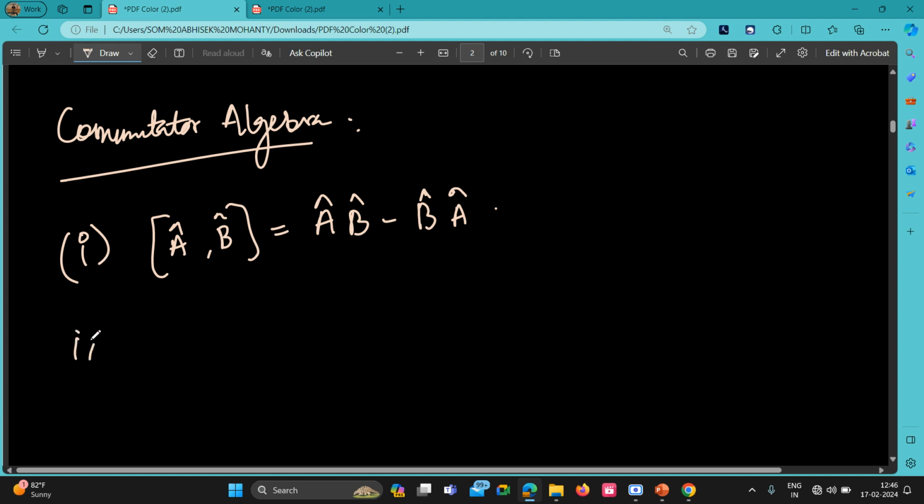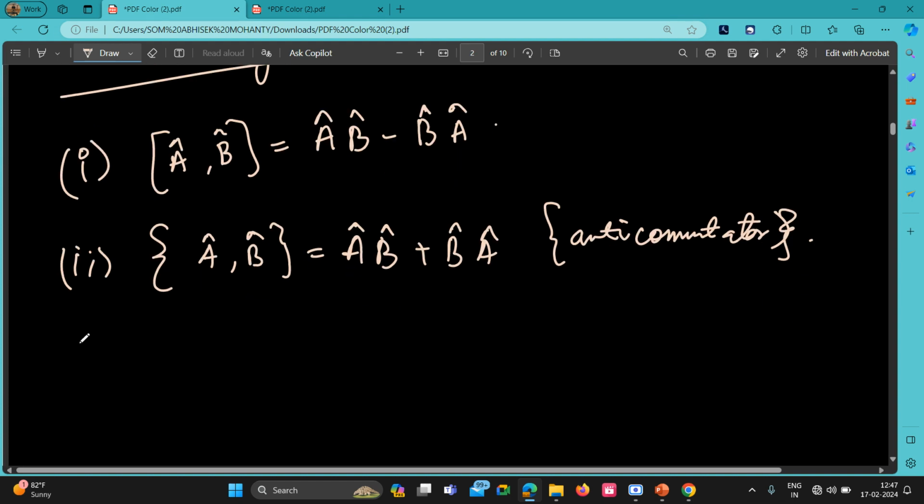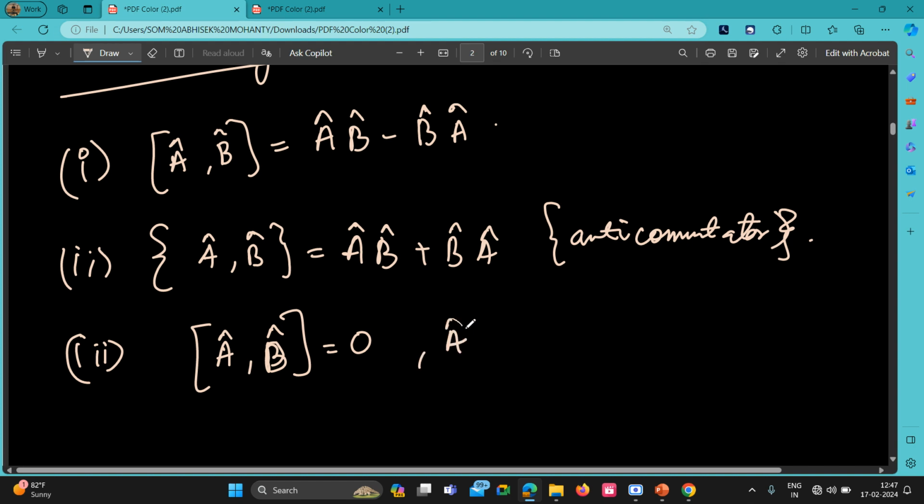An anti-commutator is written in the curly bracket: AB plus BA. Two operators are said to be commuting when their commutator is 0. If it is 0, then A and B are commuting.